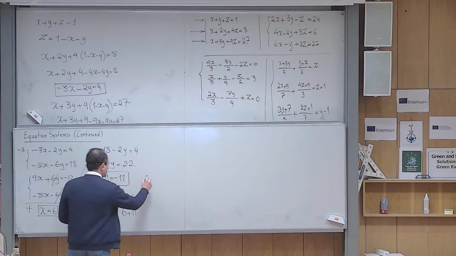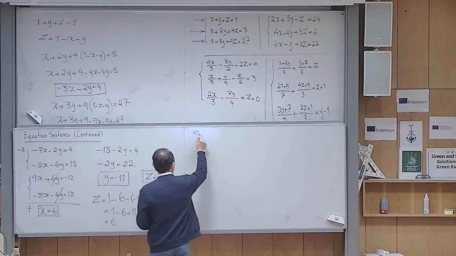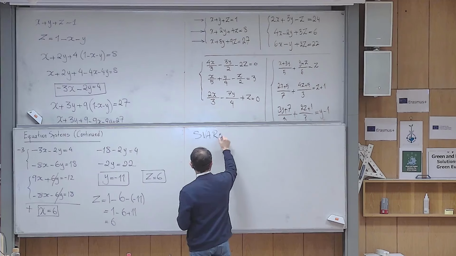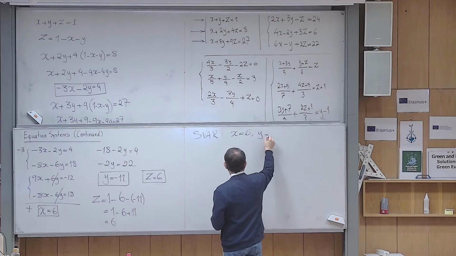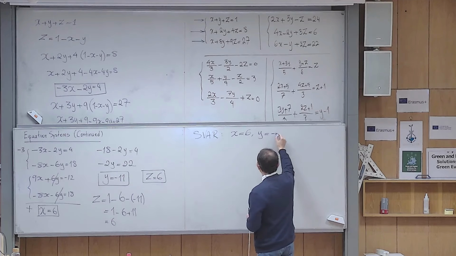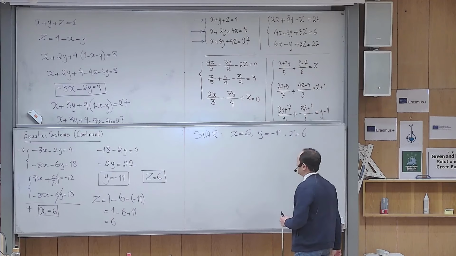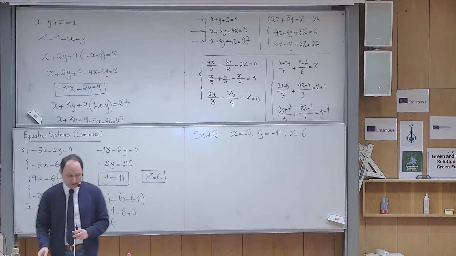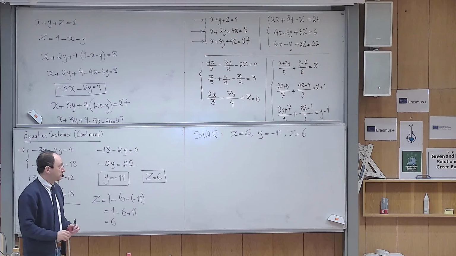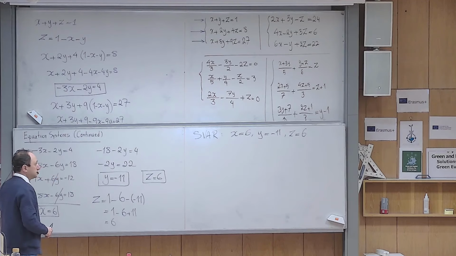So z also becomes 6. And then what you have to write for the answer: x is 6, y is minus 11, and z is 6. I hope that you agree it is not easy at all to guess, even though the numbers are very friendly, but still it was not that easy to guess these numbers so that it works for all of them simultaneously. Okay?